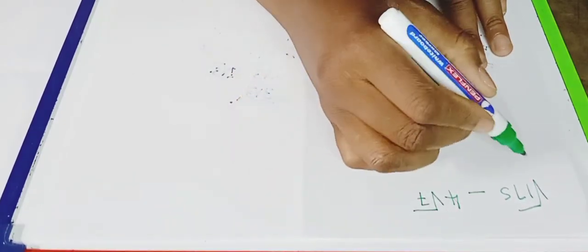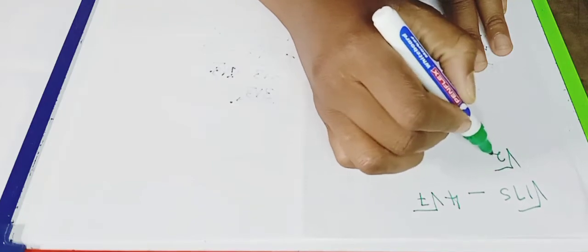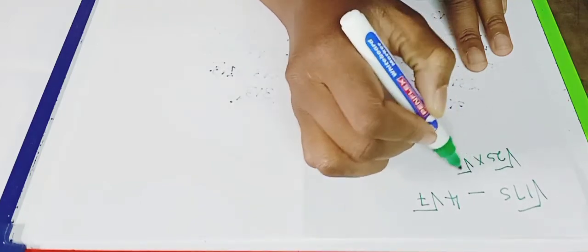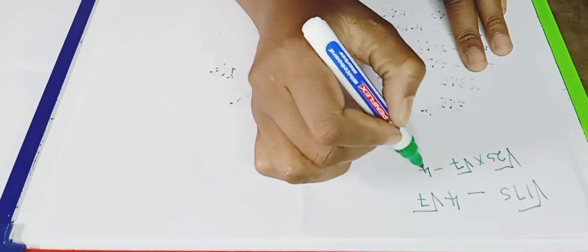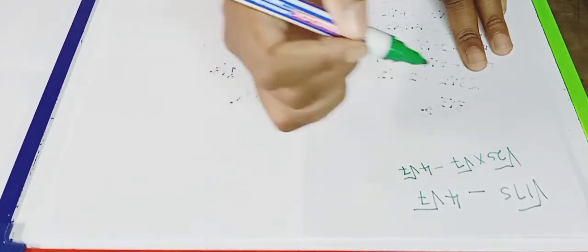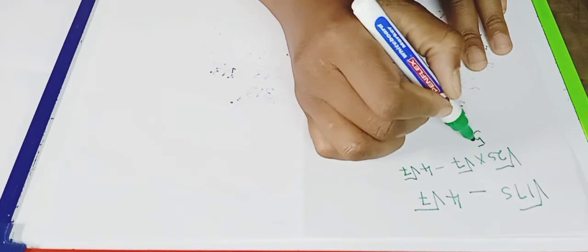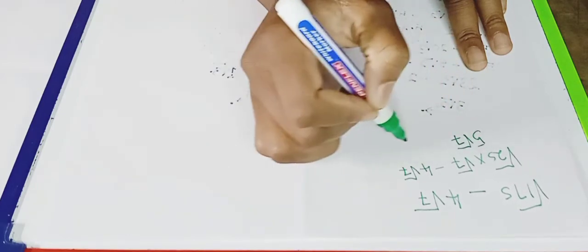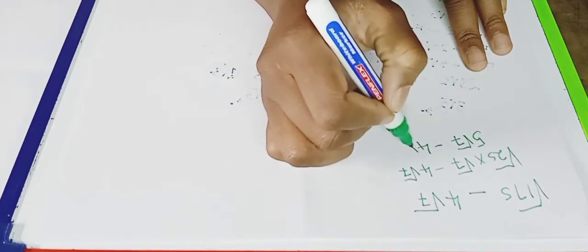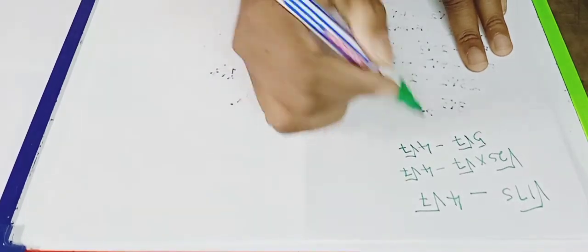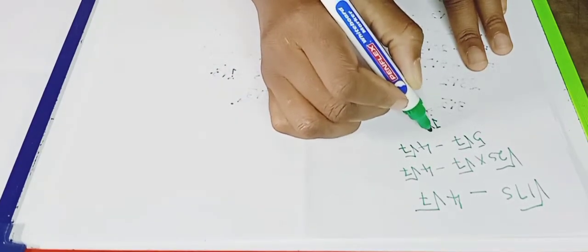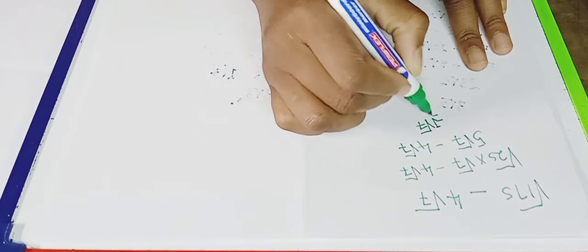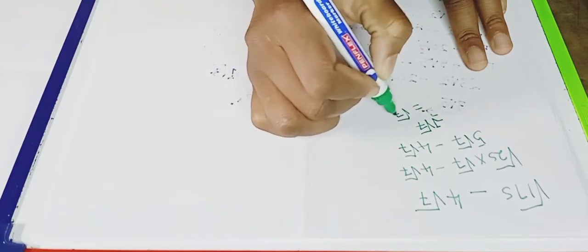The square root of 175 is the square root of 25 times the square root of 7, since 25 times 7 is 175. The square root of 25 is 5, so we are left with 5 root 7 minus 4 root 7. 5 minus 4 is 1, so our answer is 1 root 7, or you just write it as root 7. You'll be done.